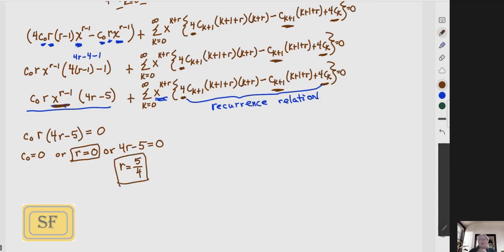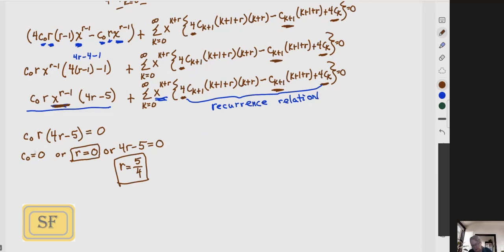And so if you take r equals 5/4 and substitute it into that power series, or what looks like a power series, then notice that if r is 5/4, you're going to get x to the k plus 5/4 as the exponent. K is a whole number, so your first term in the summation is going to be x to the 5/4. And then your second term is going to be x to the 9/4, 5/4 plus 1, and so forth. You get fractional exponents.